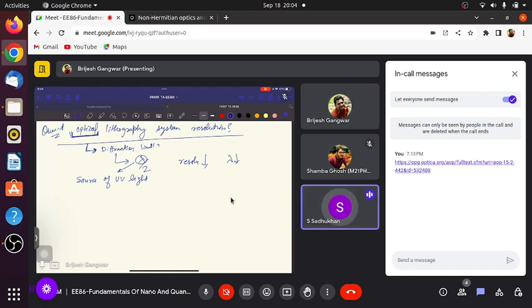Yeah, I have just gone through the lectures. And the second term is numerical aperture, because resolution will be better if the numerical aperture is higher.